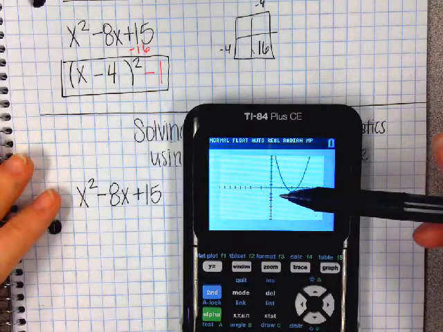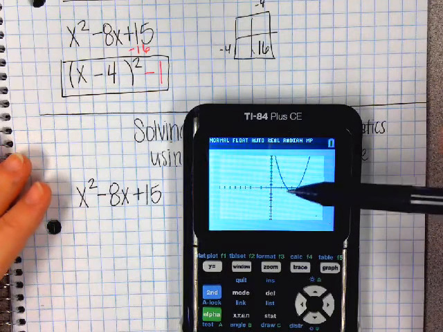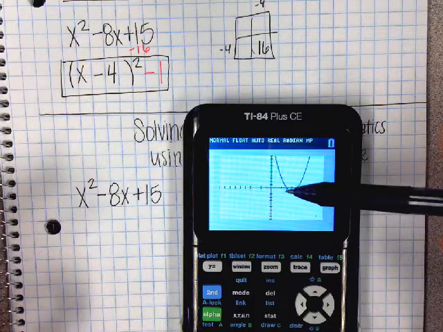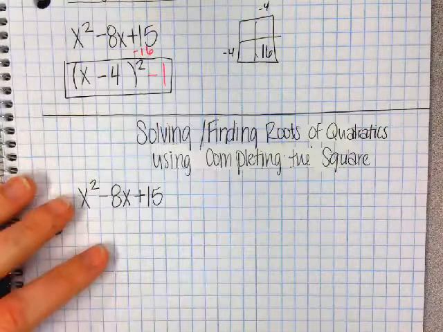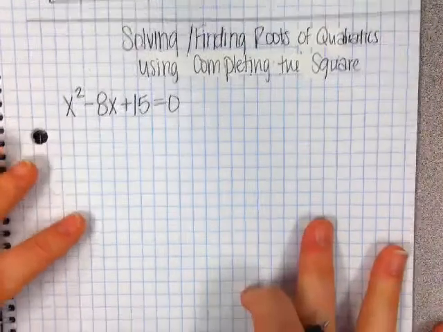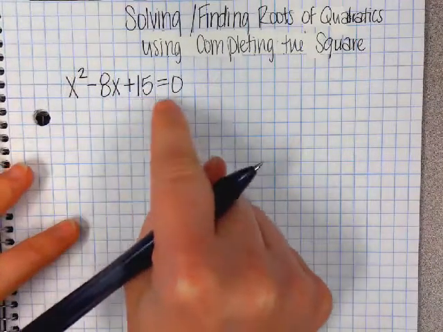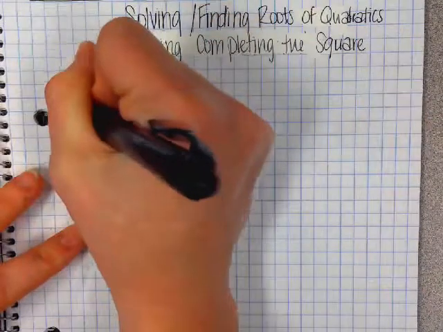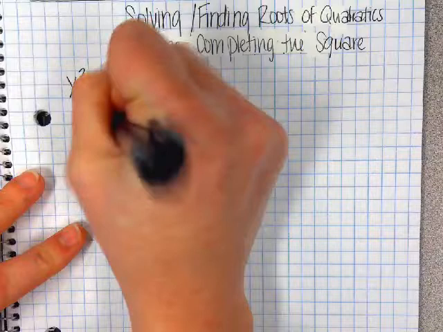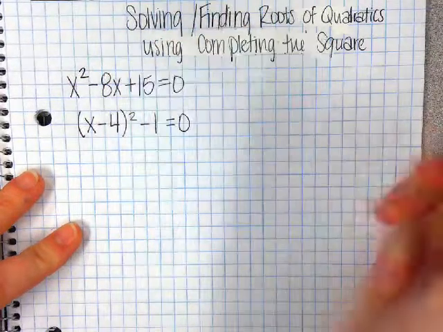It's when y equals what? 0, because it hasn't gone up or down any. Remember, roots or zeros, that's the whole point, is you're finding when it's equal to 0. So your equations are going to usually be set up saying x squared minus 8x plus 15 equals 0. We just did the entry task where it is written in vertex form. That is the same exact problem as the entry task.